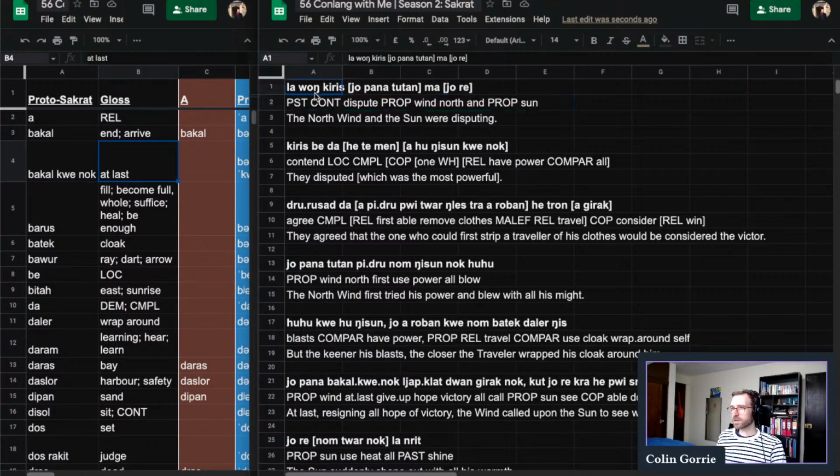And our grammatical particles are going to turn into affixes. Yes. So I think maybe we want to do something like, so we have this wong, our tam is up here, la wong. La wong kiris. Maybe we could do something like turn these into suffixes.